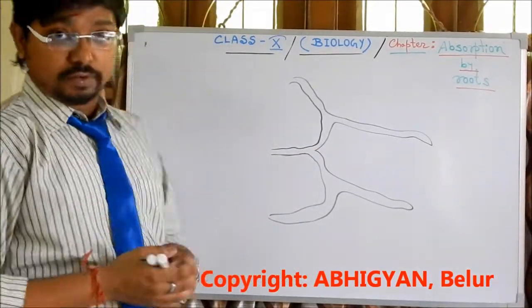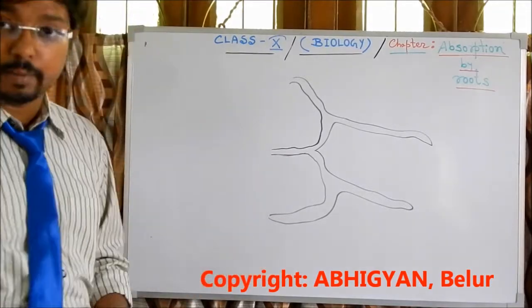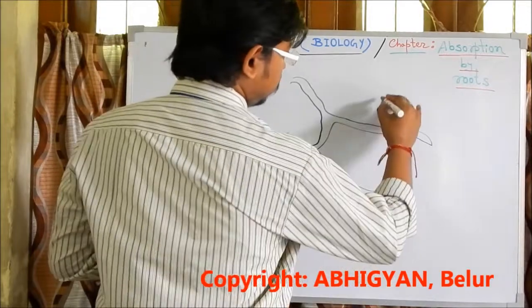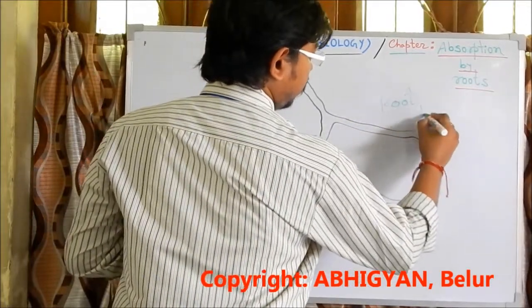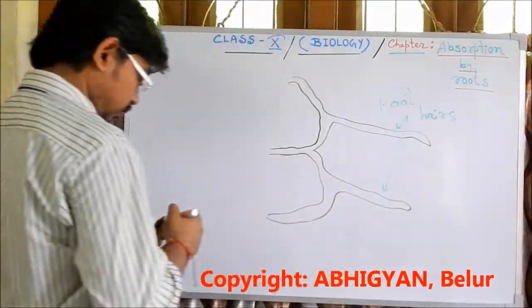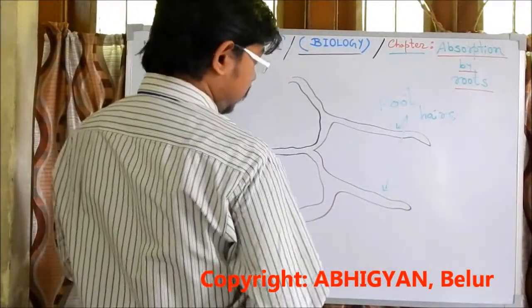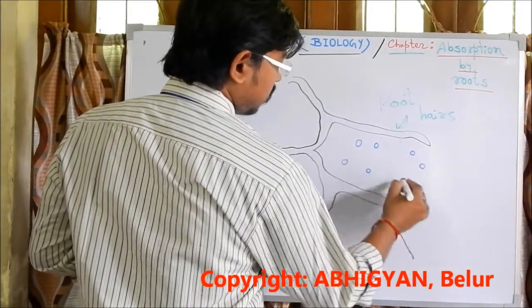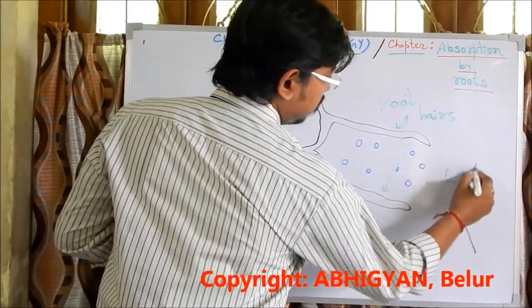If this is a rough design of a root hair region, so we can say these are the root hairs, this one and this one, these are the root hairs, and outside these are the water molecules.